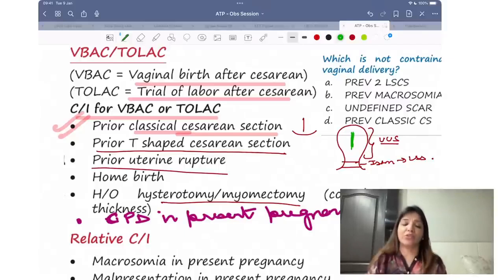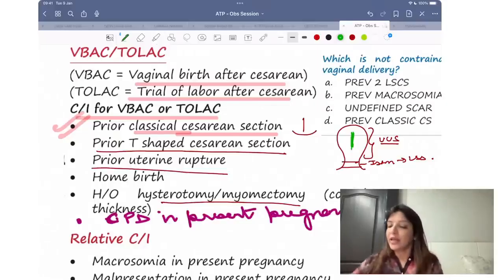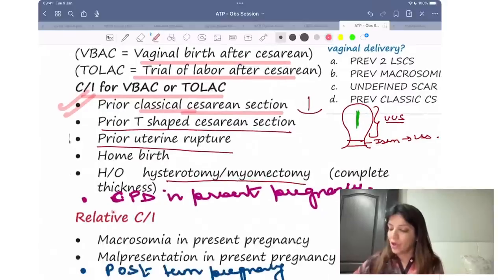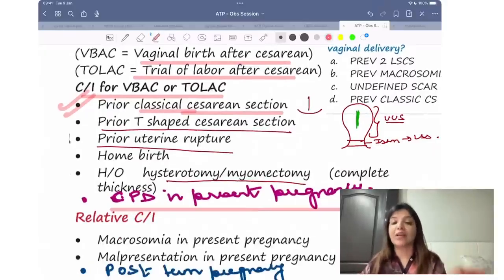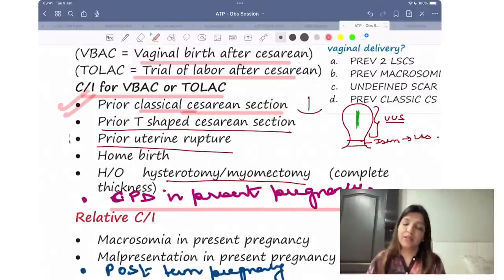So whenever there is history of uterine rupture, whenever any surgery was done on the uterus, whenever you have done classical cesarean section or a T-shaped cesarean section, it means that next time you cannot do a VBAC, right? Then, if your patient has CPD in present pregnancy, or if your patient is planning a home birth, she has previous history of cesarean section and she's planning a home birth, absolutely not recommended, then that's an absolute contraindication.